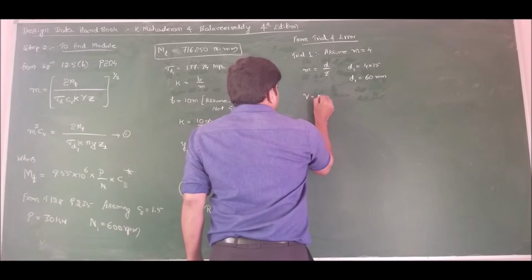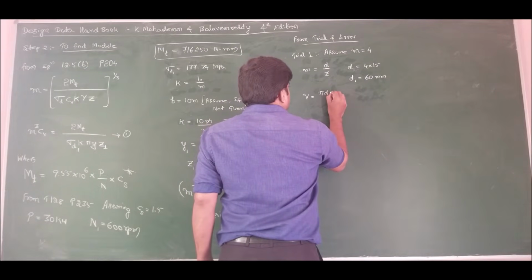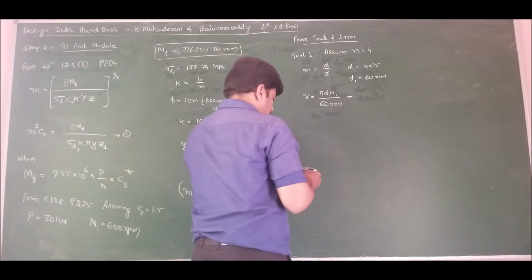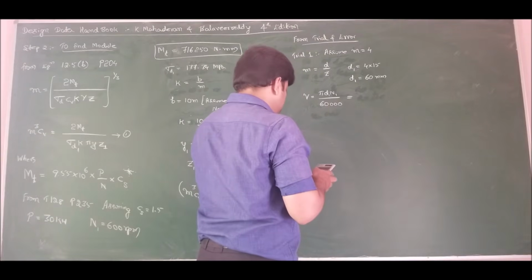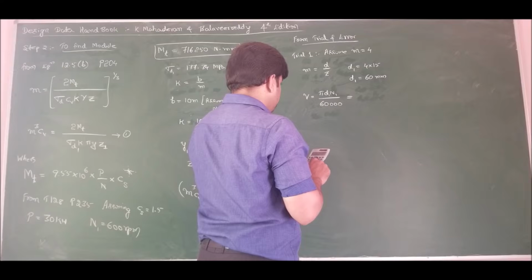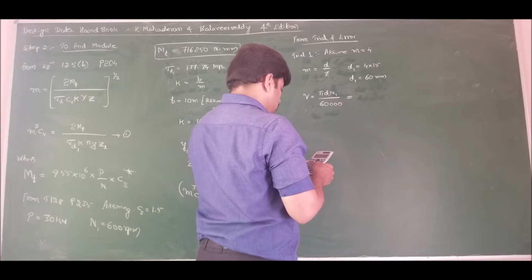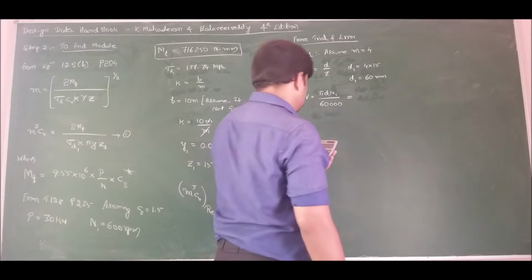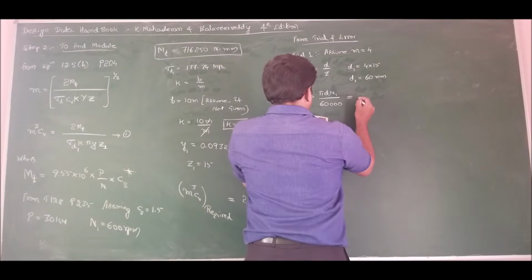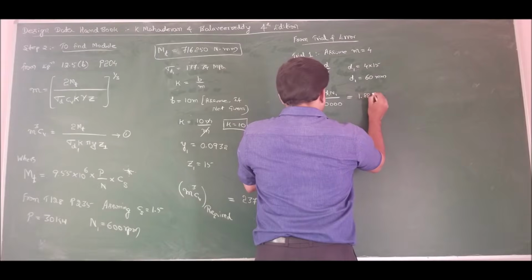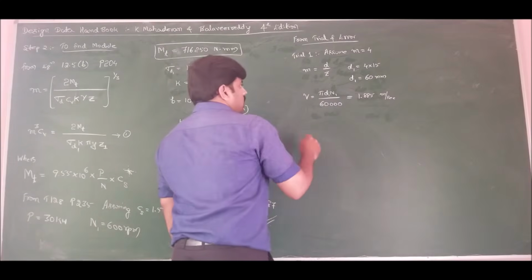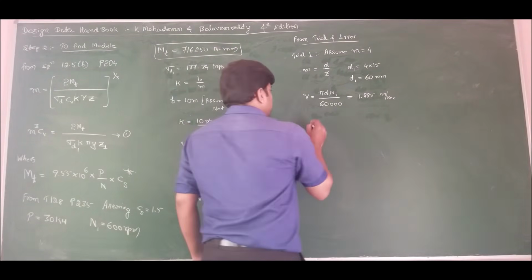Now velocity V is pi D1 N1 by 60,000, so pi into D1, 60, into N1, 600 RPM, divided by 60,000 will yield us 1.885 meters per second.